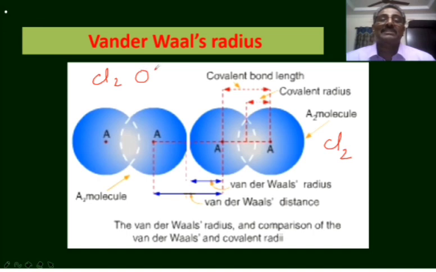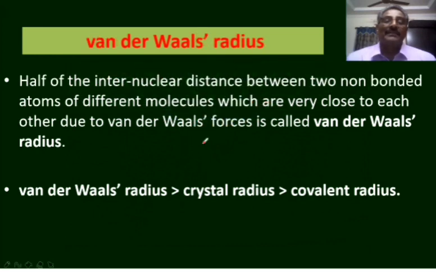In the metallic crystal, you observe that atoms are just touching each other. In the covalent compound, some part is overlapped. In between two molecules of a covalent compound, there is a gap. From this, we can understand that the van der Waals radius is greater than the crystal radius, which is greater than the covalent radius.